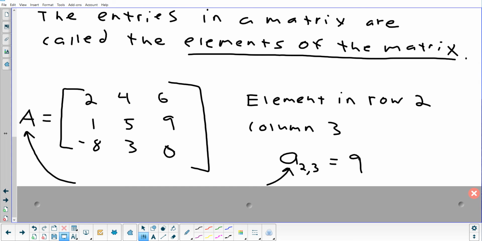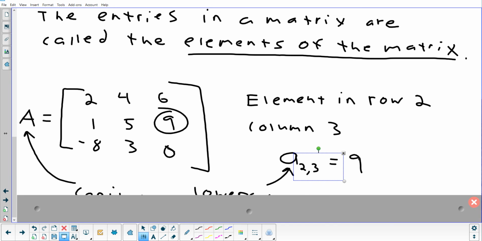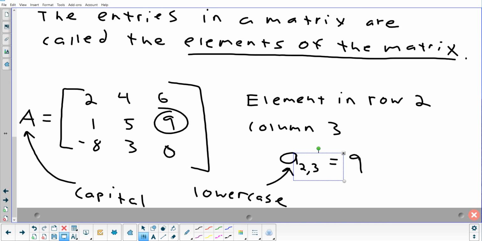So if you want to know what A sub 2, comma 3 is, that means go to matrix A, go to row 2, column 3, and write the number. So row 2, column 3, there you go. So that's the notation for describing a particular element in a matrix. Any questions on that?